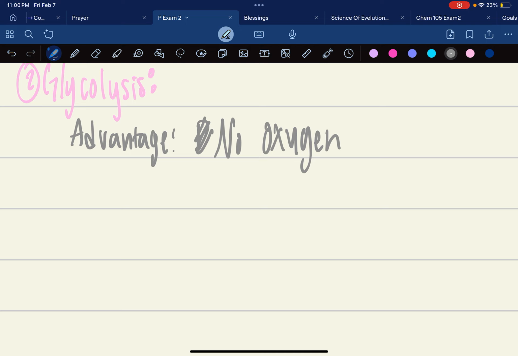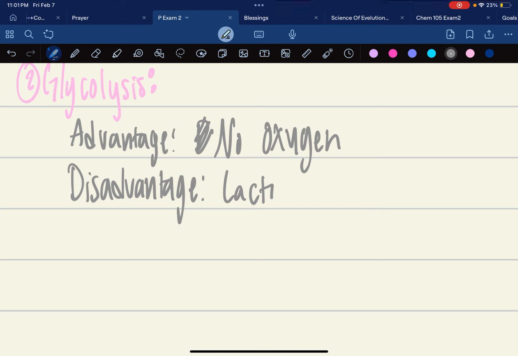And then the disadvantage is it produces lactic acid. And then usage during moderate intensity, short duration activities.